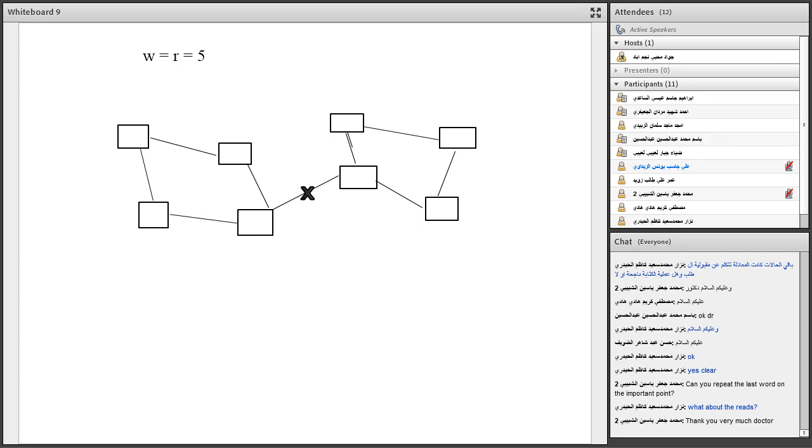In a sloppy quorum, in this state, some other machines can be used.